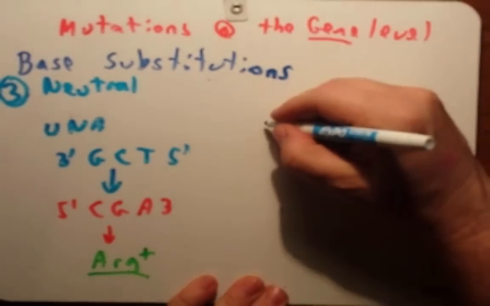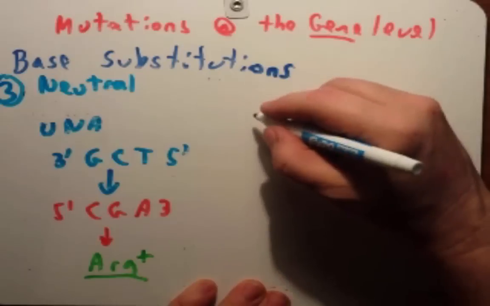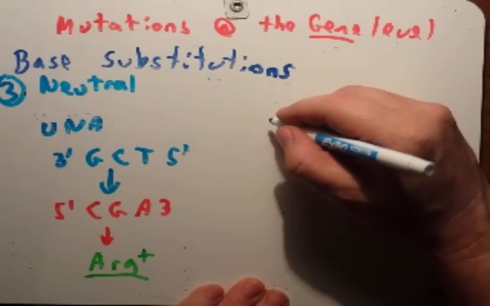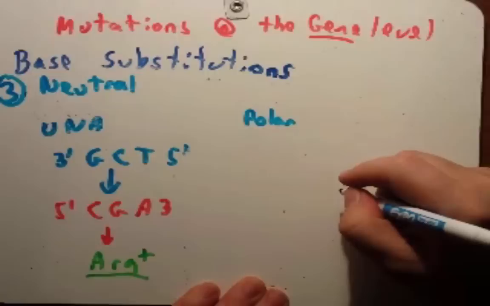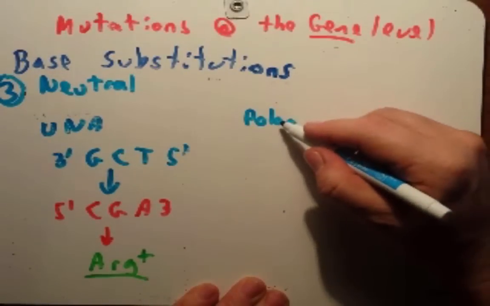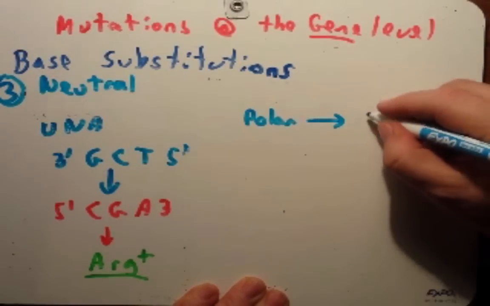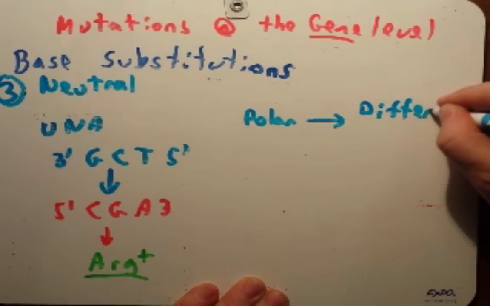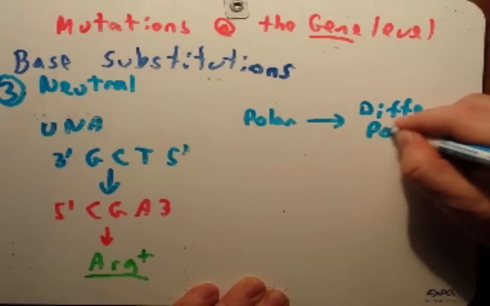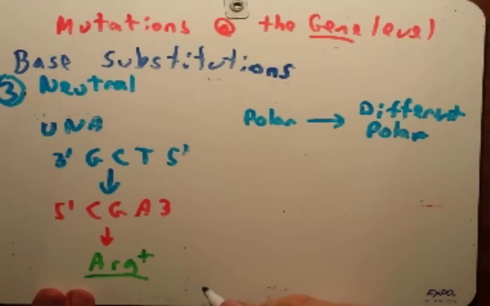It's when you change the sequence by just changing one base pair, typically, and let's say originally it coded for a polar amino acid, like arginine, the polar amino acid, and now the substitution has changed to a different polar amino acid. It could be from an arginine to a lysine.